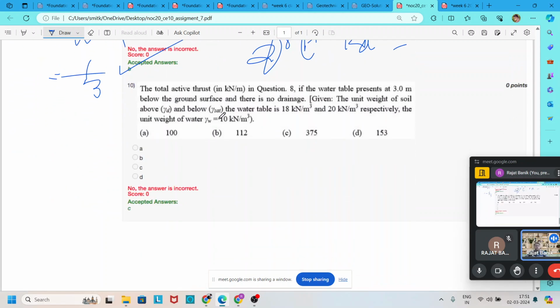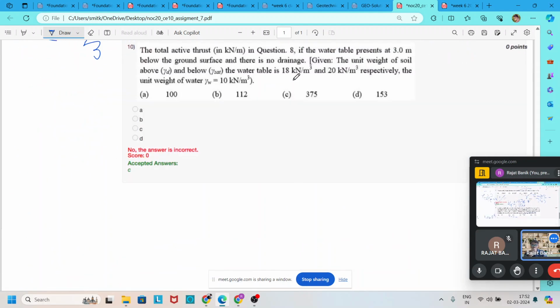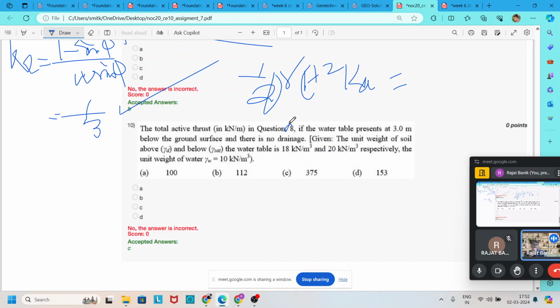Now, the most critical problem is question number 10. It is a very critical problem where we deal with the water table. It becomes question number 9, not 8.